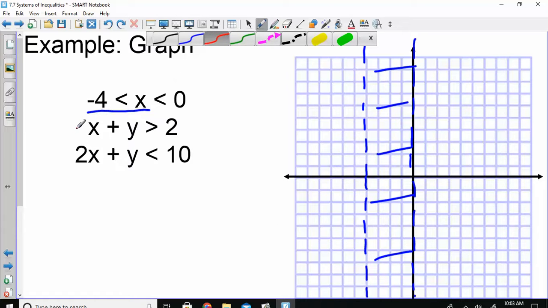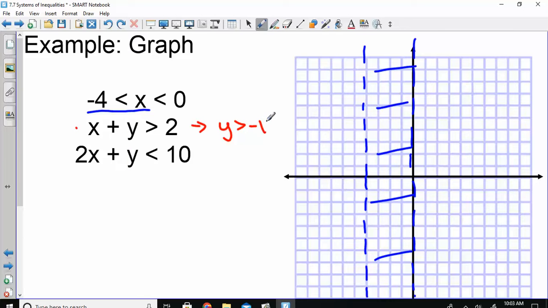All right, second one. What do I need to do to graph that? Okay, so that means y is greater than negative x plus 2. So start at 2. Slope is negative 1, so down 1 over 1. Solid or dashed?